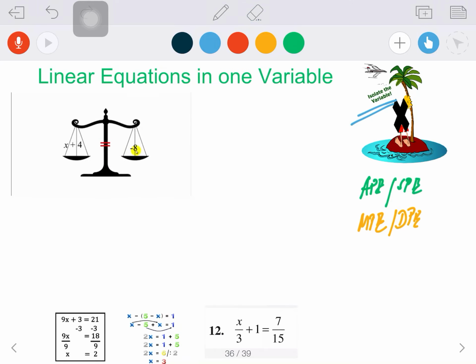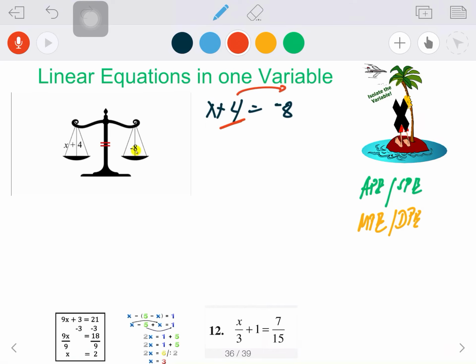Alright. So, remember, isolate the variable. How do we do this? First, we copy the equation. So, you have x plus 4 equals negative 8. In order for you to isolate the variable, you have to use the principles. Now, 4 here is added to the variable, and in order for you to isolate the variable, 4 should transfer to the other side.